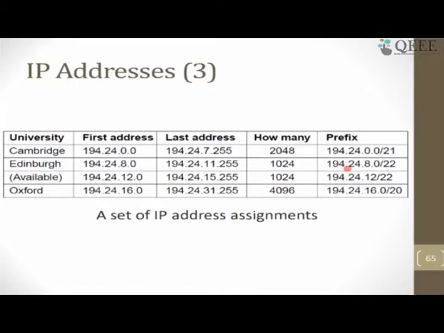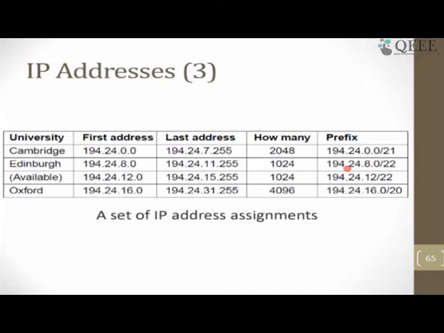Now see this, we have 194.24.0.0 to 194.24.7.255. When we do this, how many are there? There are 2048 addresses.